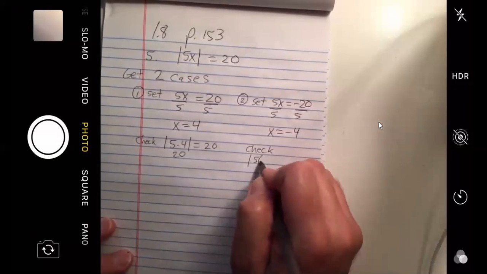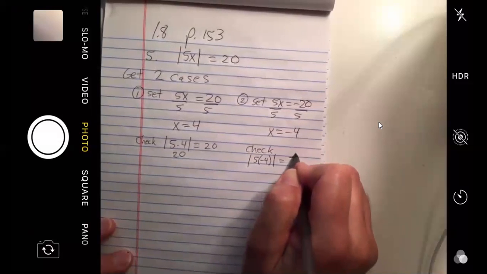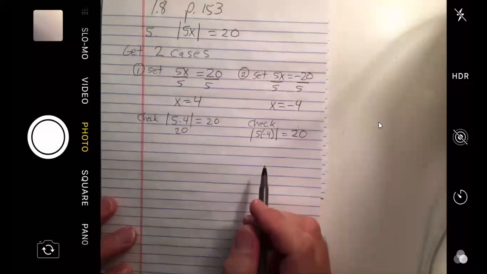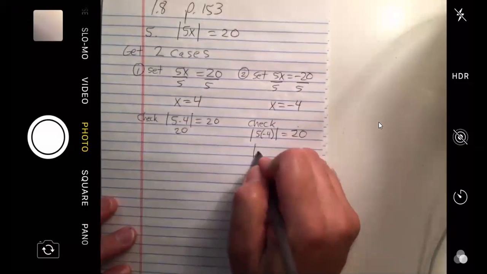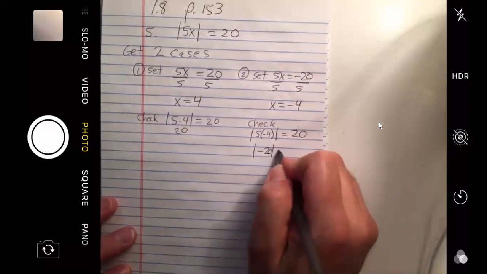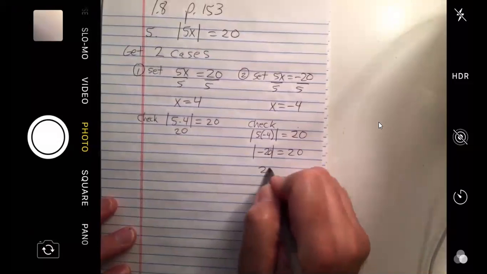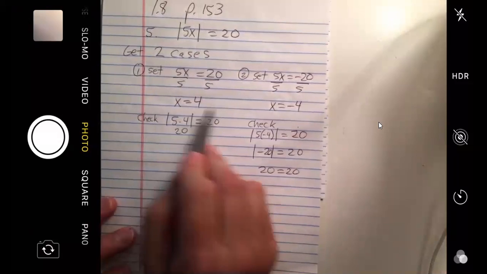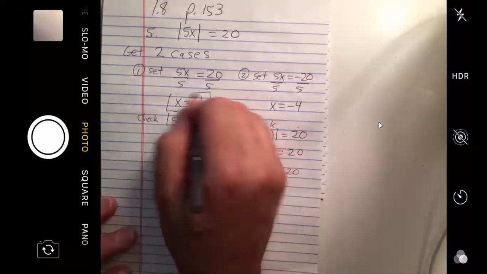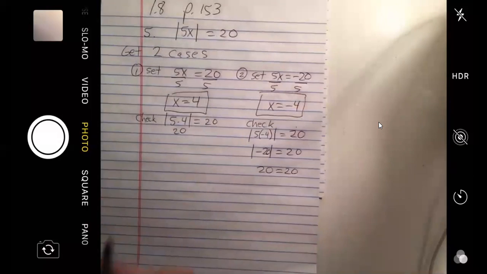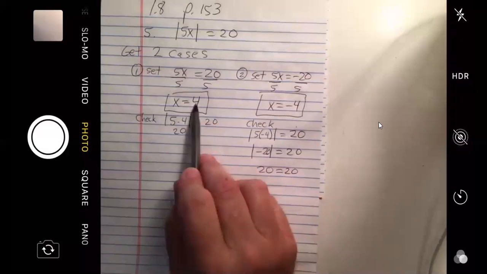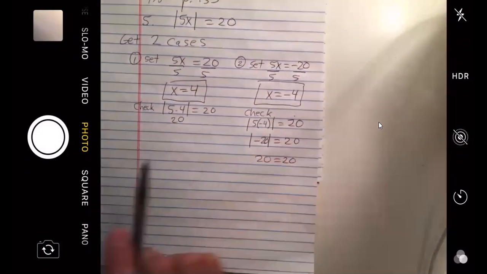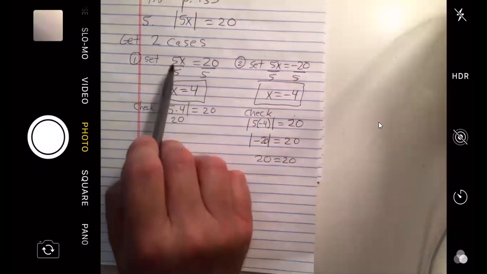Absolute value of 5 times negative 4 equals 20. I'm checking in the original. Yeah, you get a negative inside the bars, but the bars make it positive. So both the positive version and the negative version work on this one. A lot of times they don't work out as positive and negative; this one happened to. You generally get completely different numbers, but you've got to check both cases.